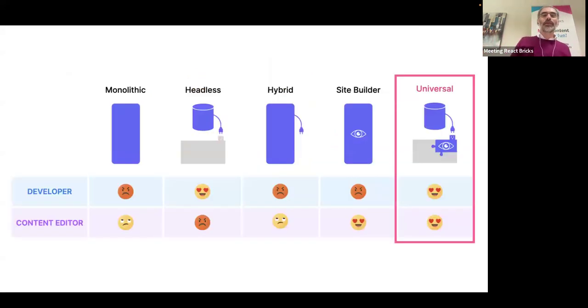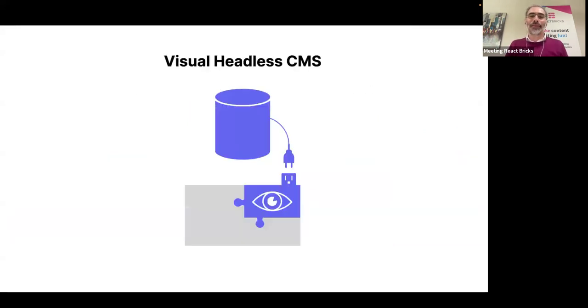Okay, so where do these Lego bricks used for content live? They live in what is sometimes called a universal CMS. I usually prefer to call it a visual headless CMS. What is this?